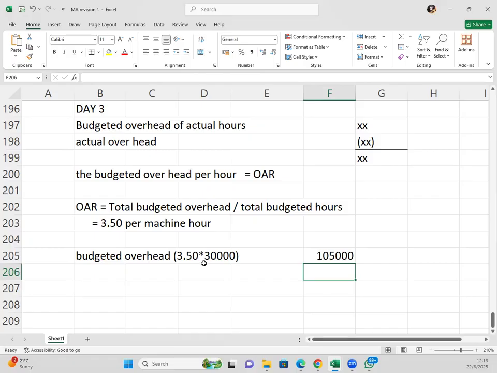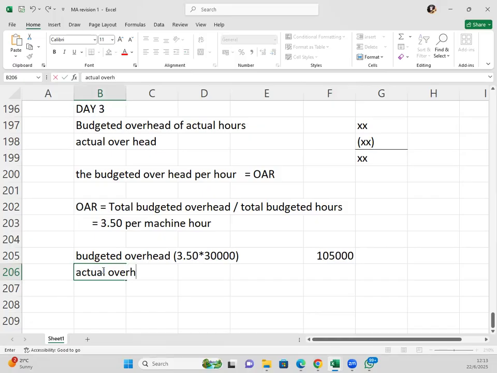So we said we budget at 3.50 per hour, and we actually used 30,000 hours. So for 30,000 hours, what would have been our budget? It would have been 105,000. But this is different from the actual overhead.